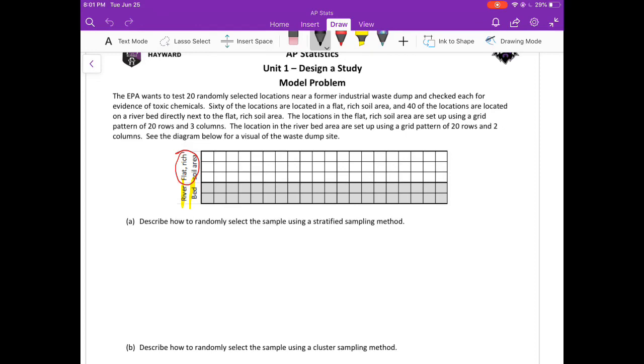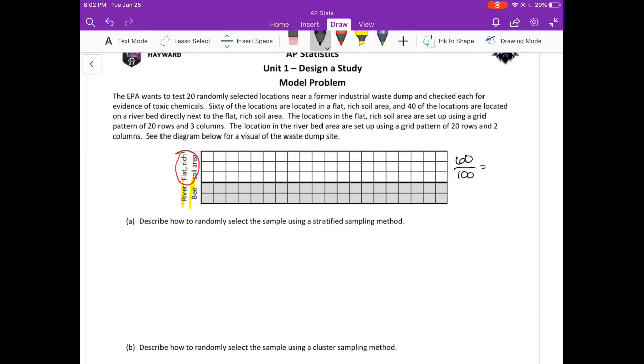So to figure out how to do this in a way that it's equal chances, we know that for the flat, rich soil area, we have 60 plots. So 60 of those squares out of the entire 100 is equal to that.